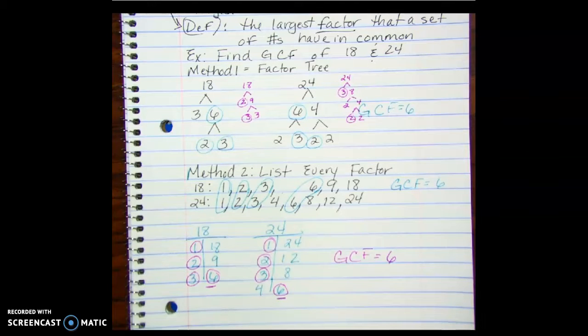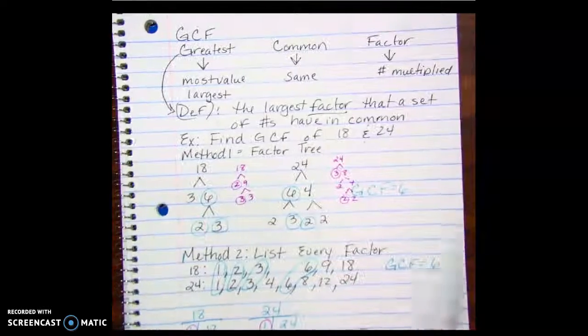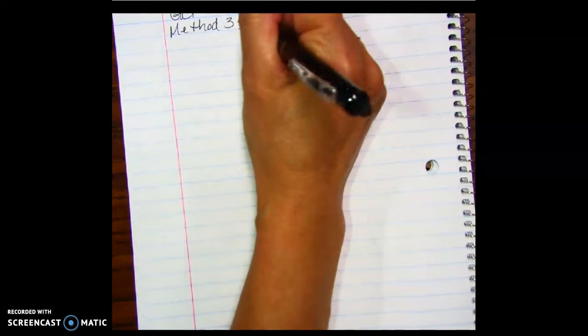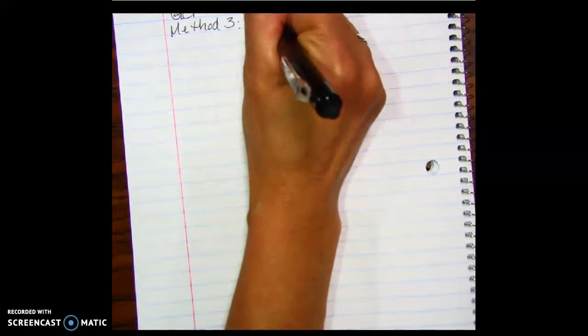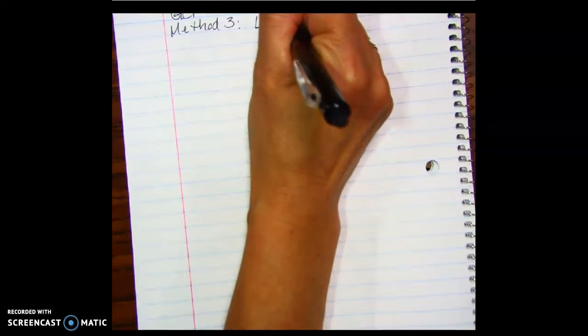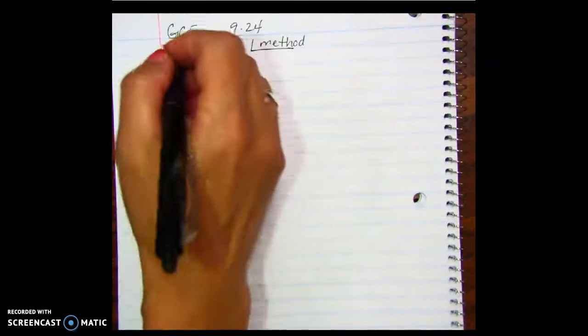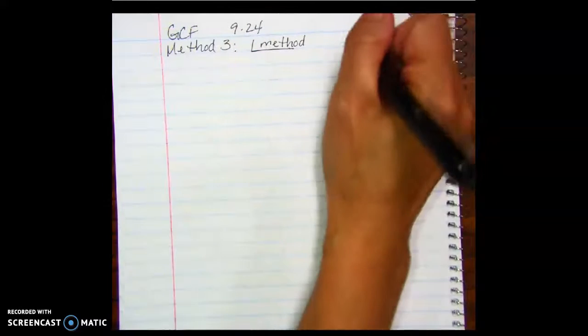Now here's a new method. We're going to turn the paper over. Oops, wrong way. Sorry about that, my friends. And I'm continuing on with my notes. So I write the date, and I'm going to write method 3. Method 3 is the L method. Now it's a giant L method, but that's okay. So we have steps.